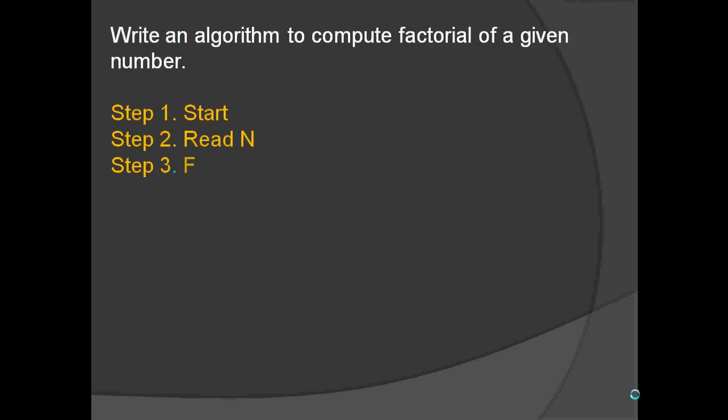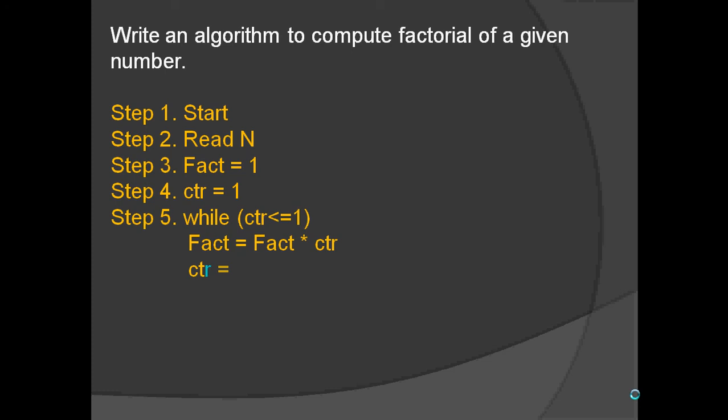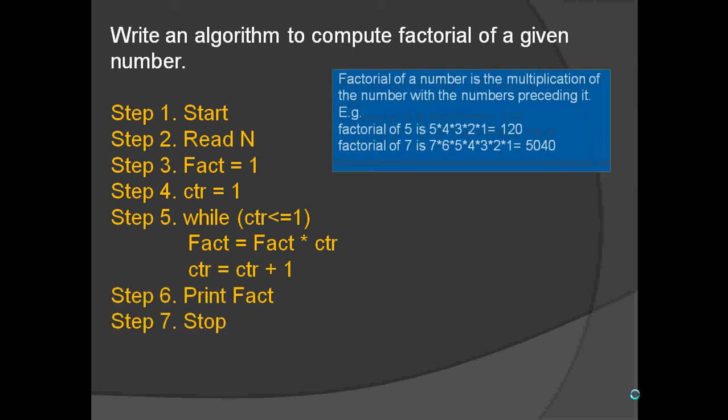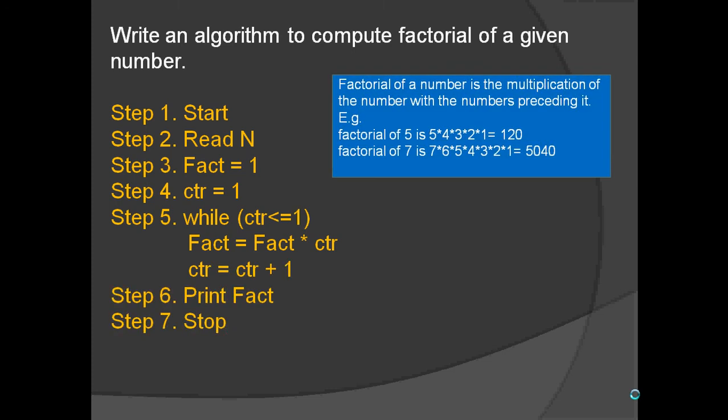Next, you have an algorithm to compute the factorial of a given number. Here you have still not encountered this factorial program, so you won't understand much of this, but in later chapters factorial is there. So what is factorial?